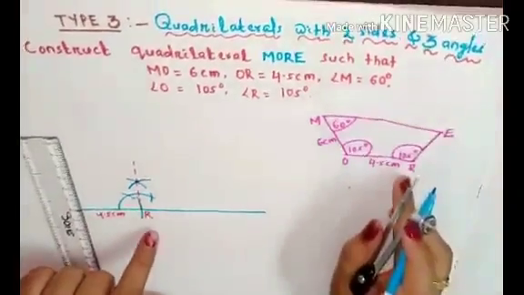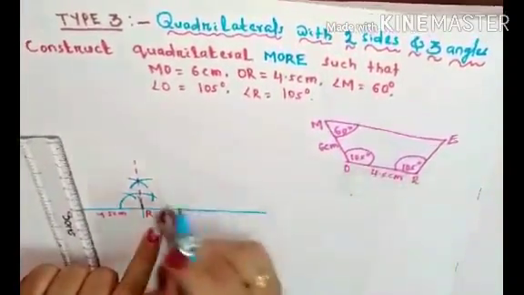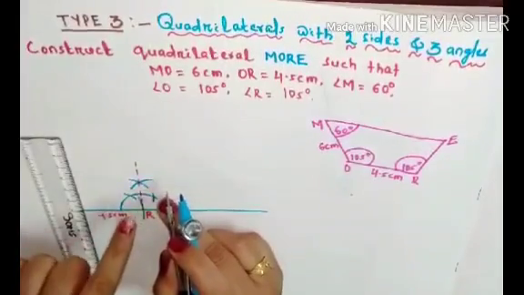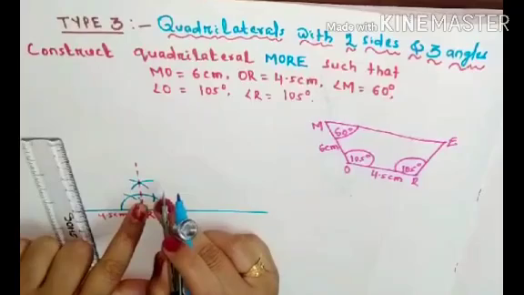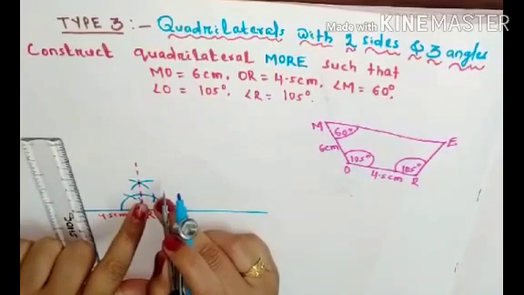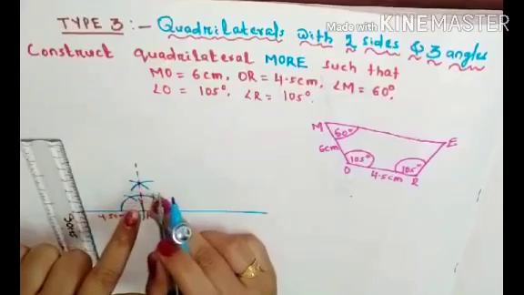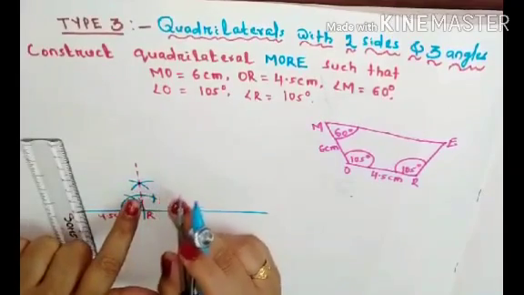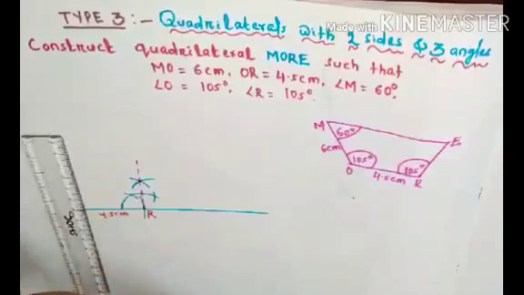But here I want 105 degree. So 105 degree means it is greater than 90 degree but less than 120 degree. So if I bisect 90 and 120, then I will get 105 degree. See how I am doing?